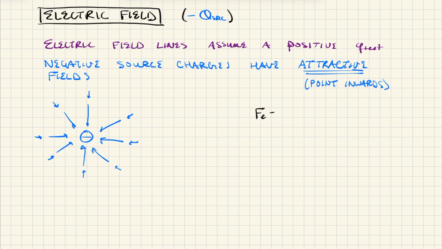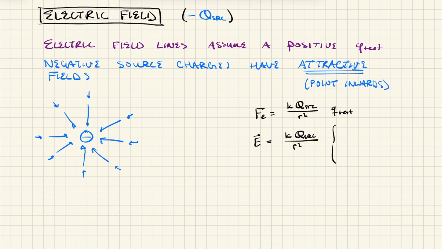Fe is kQ source over r squared times Q test, where the electric field, now with the full vector symbol, is kQ source over r squared.